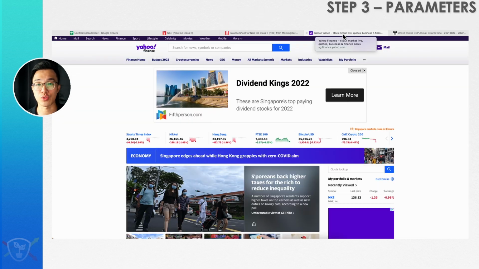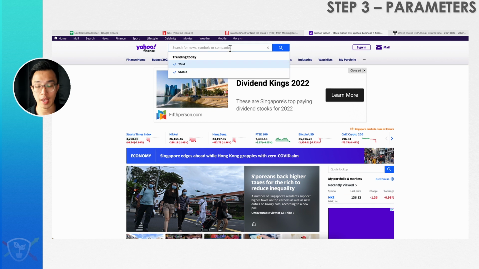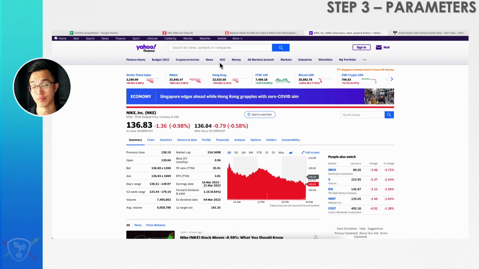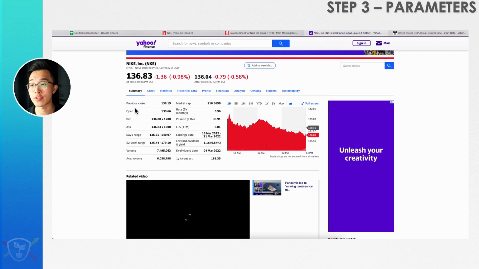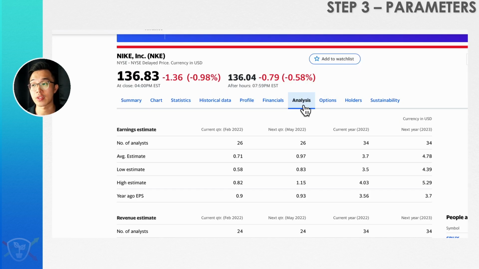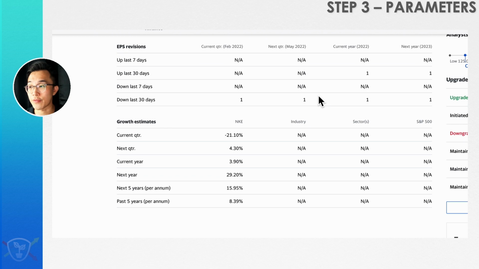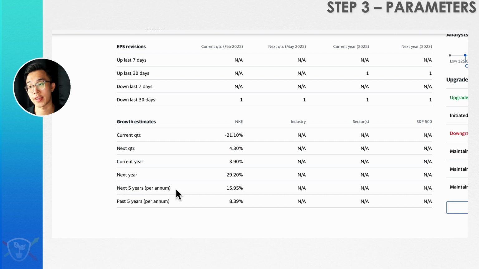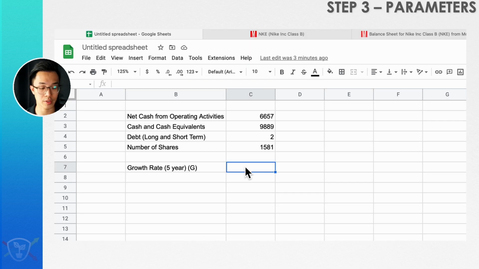We come over to Yahoo Finance, type in the company's ticker, Nike. We go over to analysis, and we scroll down until we find growth estimates. What we're looking for is the next 5 years per annum. For Nike, we see the number is 15.95%. So we're going to key that into our spreadsheet.